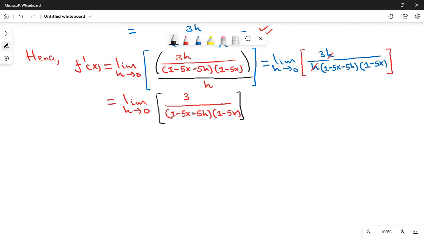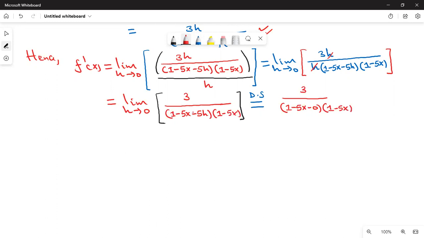So having simplified that one, let us now try direct substitution. When we use direct substitution, where there is h, we are going to substitute 0. What are we going to get? It will now give us 3 in the numerator over 1 minus 5x minus 0. Remember, h is 0, so 5 times 0 is 0. Then another 1 minus 5x.